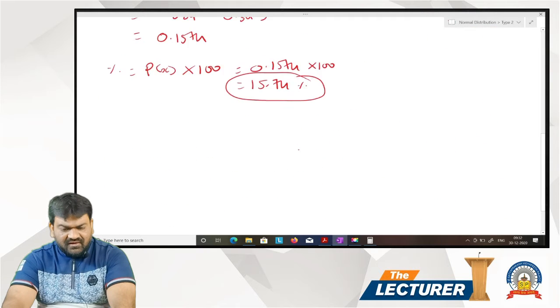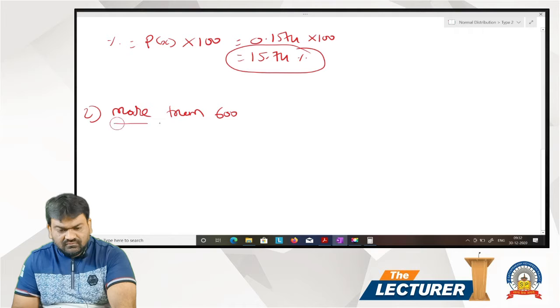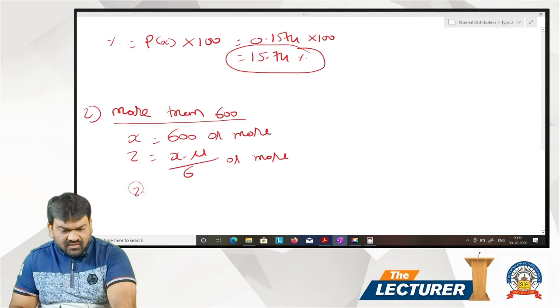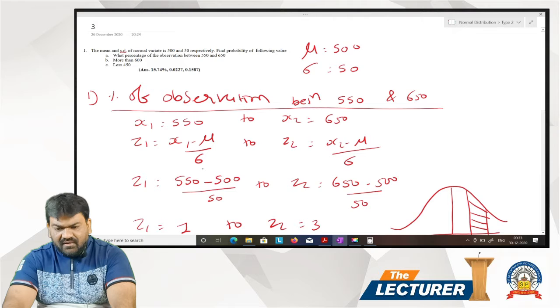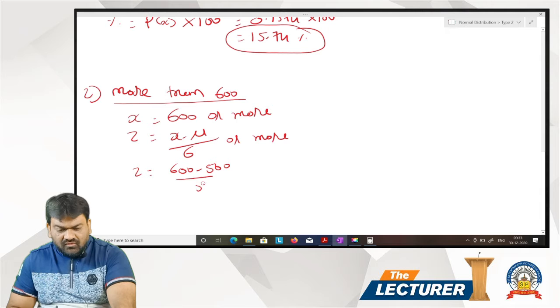Second one, more than 600. X is 600 or more. Convert x into z. Z is equal to x minus mu upon standard deviation. Z is equal to 600 minus mu 500 divided by standard deviation 50. 100 divided by 50, that is 2.